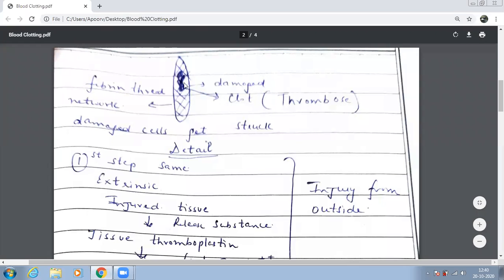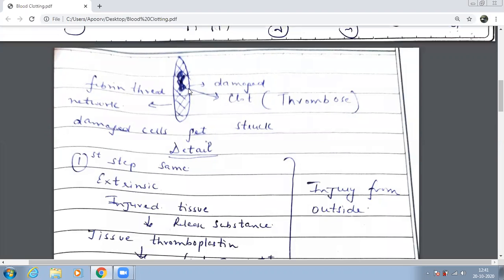These haphazard lines, these are which threads, beta? Fibrin threads. Now, this is a mesh kind of a thing. In Hindi, what we call as jali. Small, small holes are there. Now, all your damaged cells, RBCs, WBCs, platelets, whatever is damaged, they get stuck in this mesh.